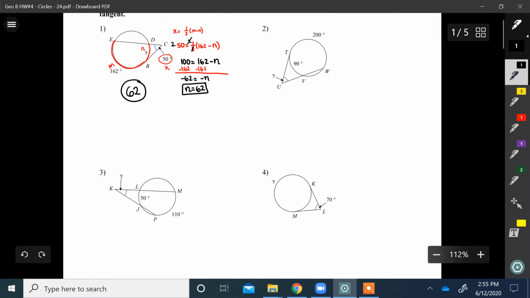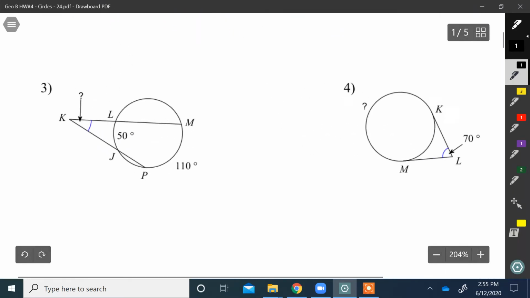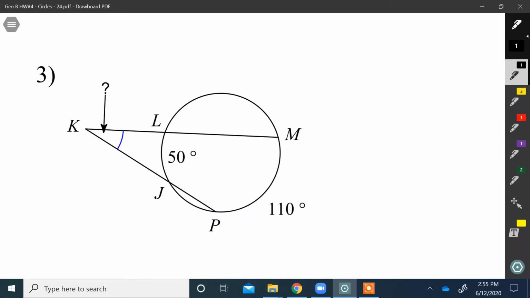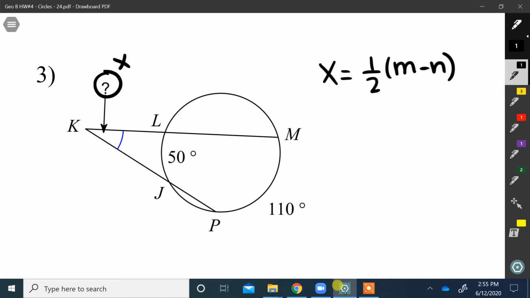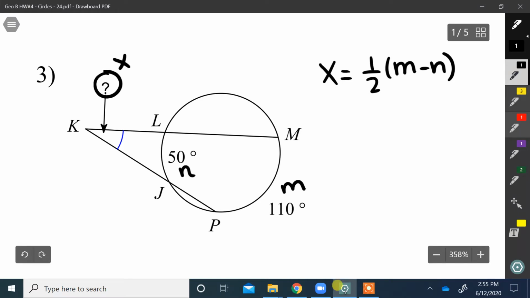So I'm going to be using the same formula: x is equal to half of m minus n. And now you have to recognize what you have. What is this right here? This is my x, this is the n, and this right here is the m.